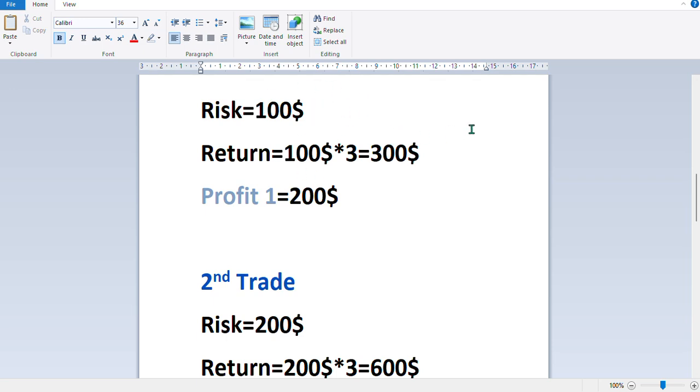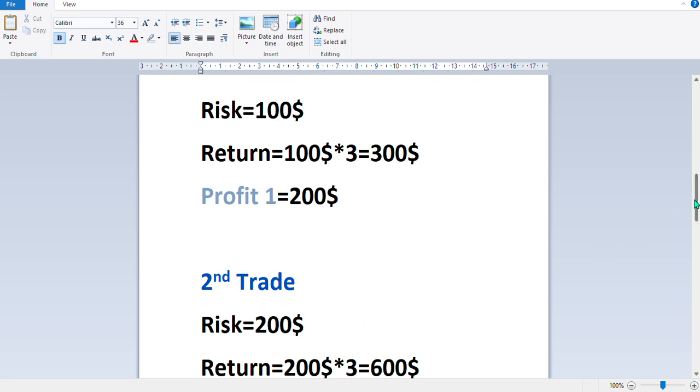Having made $300, we put our $100, which was our risk, aside, and now we will only use the first profit as the next trade. So our first profit will be the risk in our second trade.